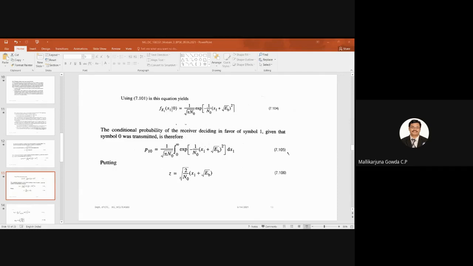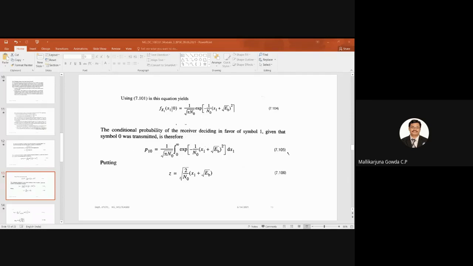Here, by substituting and making a variable adjustment, I can take z equal to root of 2 by N naught of x1 plus root Eb. If I take z equal to root of 2 by N naught of x1 plus root Eb, then what can I write?